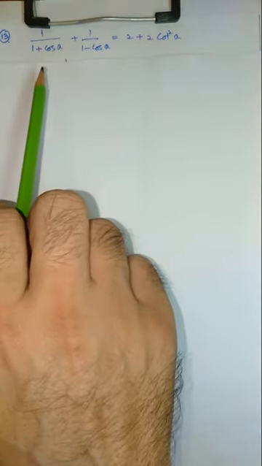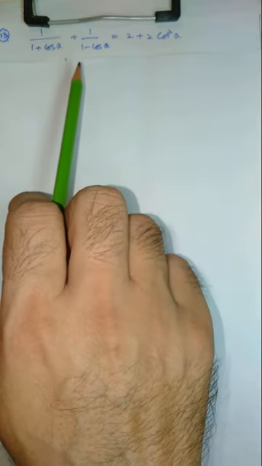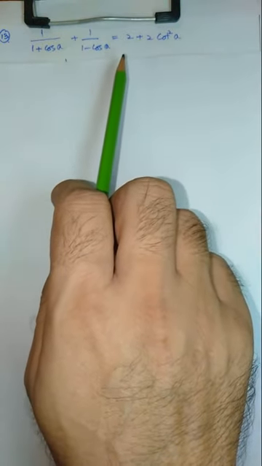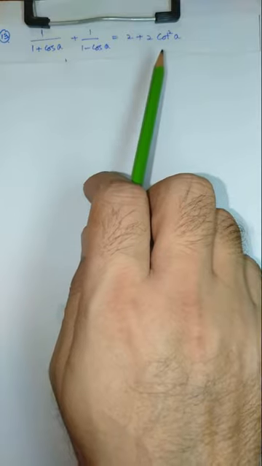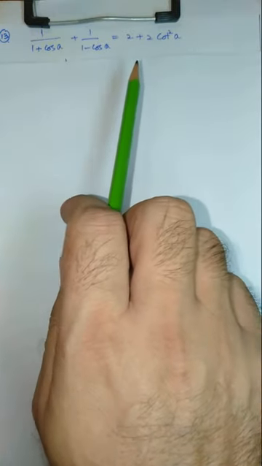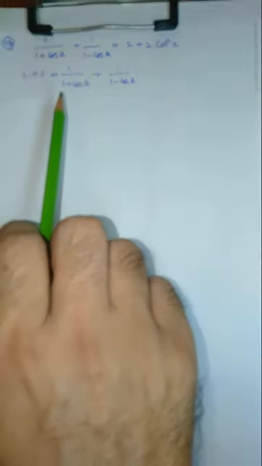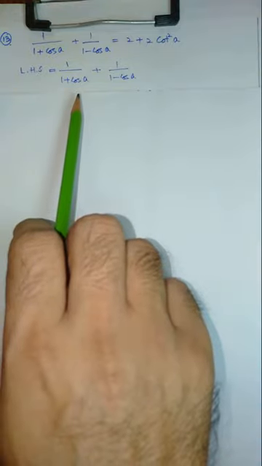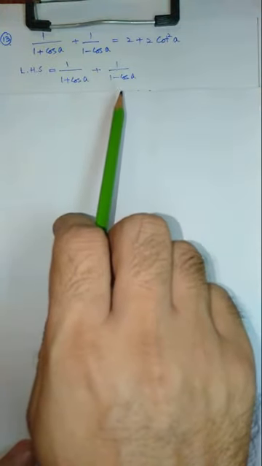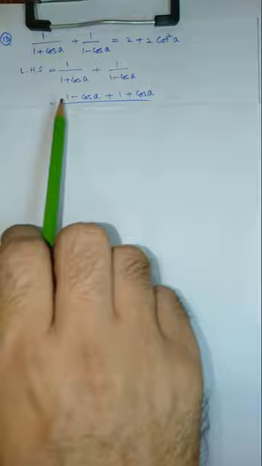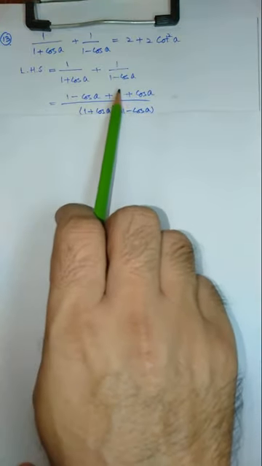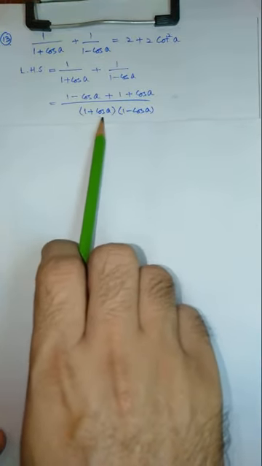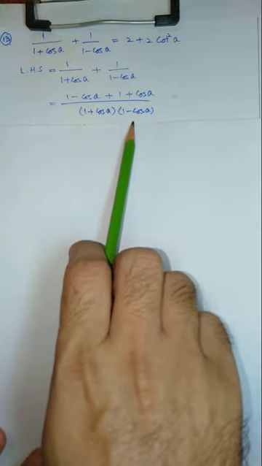Question number 13 is given 1 over 1 plus cos a plus 1 over 1 minus cos a is equal to 2 plus 2 cot square a. Now taking left hand side, which is 1 over 1 plus cos a plus 1 over 1 minus cos a. Now taking LCM of both terms, which is 1 plus cos a times 1 minus cos a.